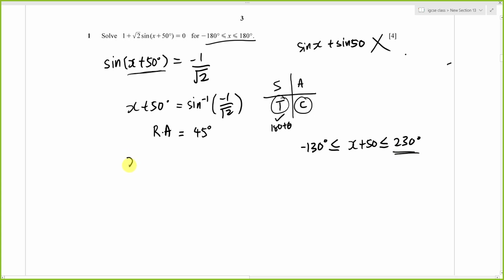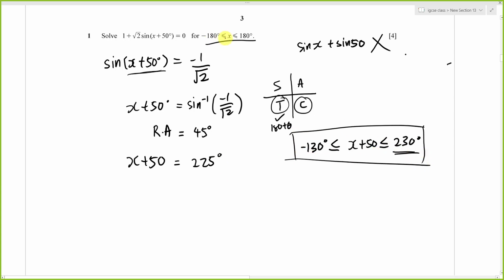So I can take that angle, which is 225. If you don't form this new range, when you see between negative 180 to positive 180, you might not take any positive angle, because you might think the 1st and 2nd quadrants are not included, so I don't have any positive angle. But because it is plus 50, you need to form the new range over here.